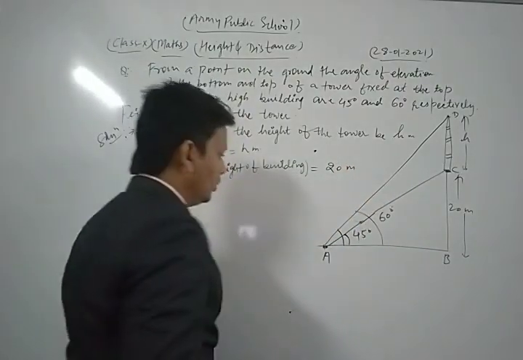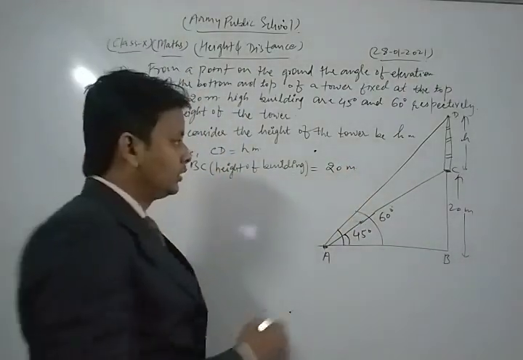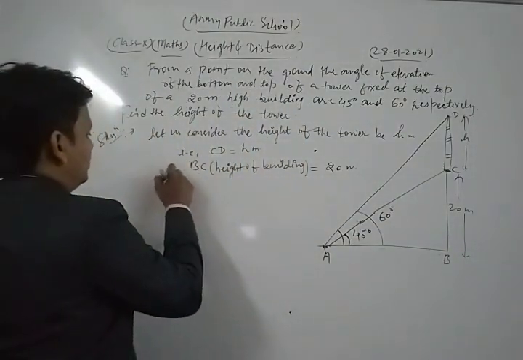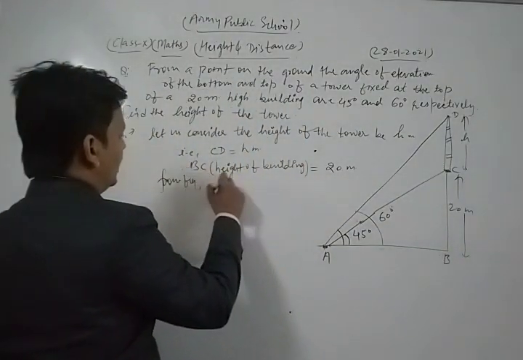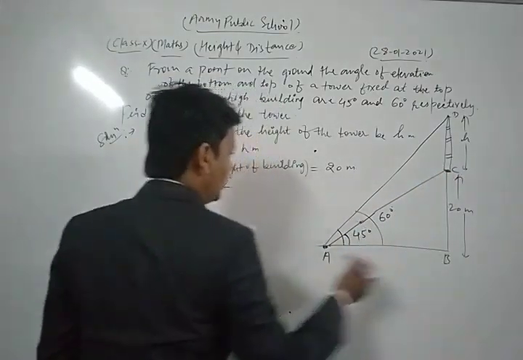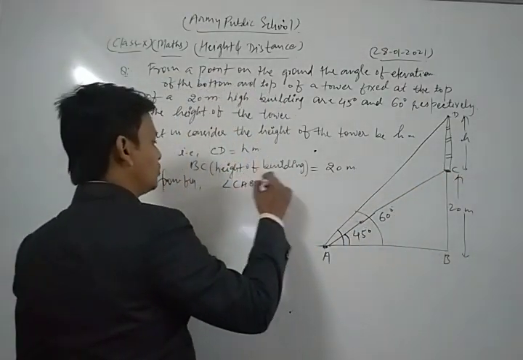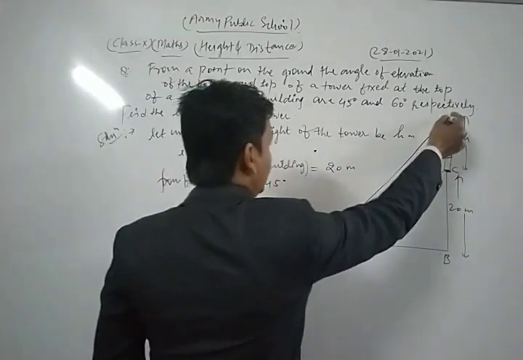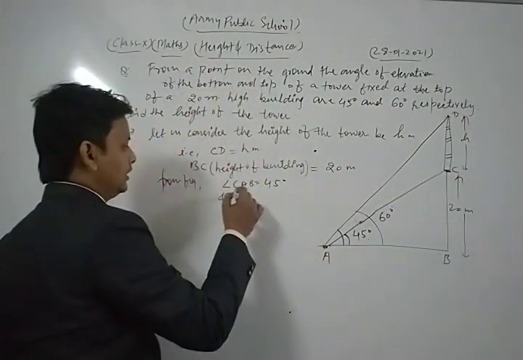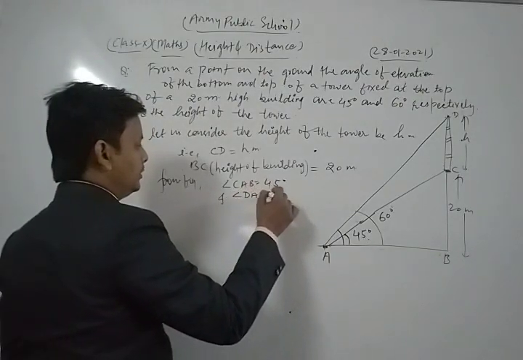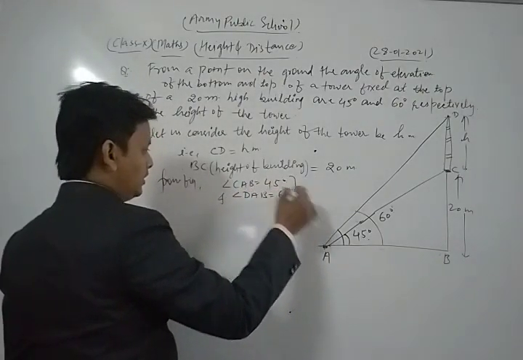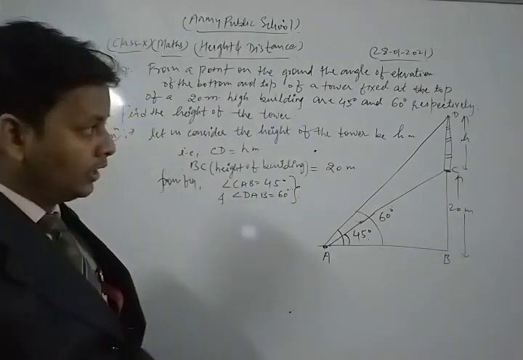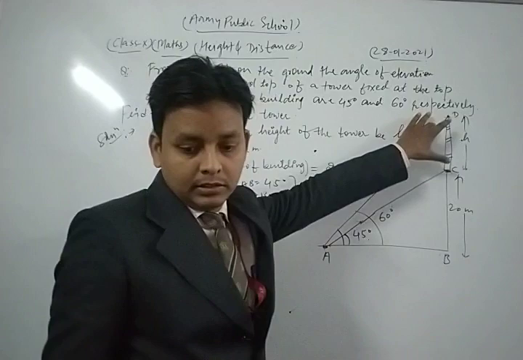Now from the figure, dear friends, angle CAB is equal to 45 degree, and angle DAB is equal to 60 degree respectively.